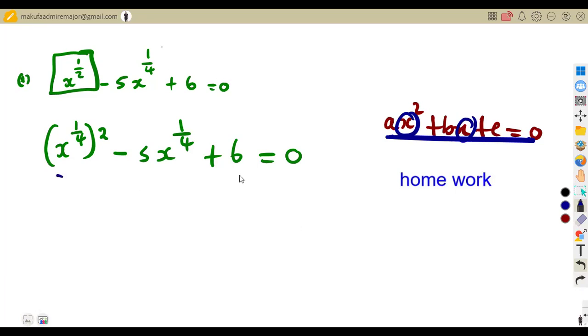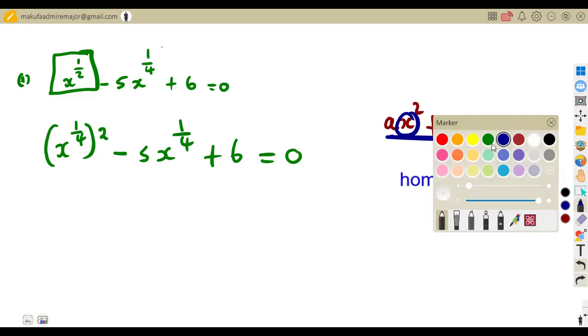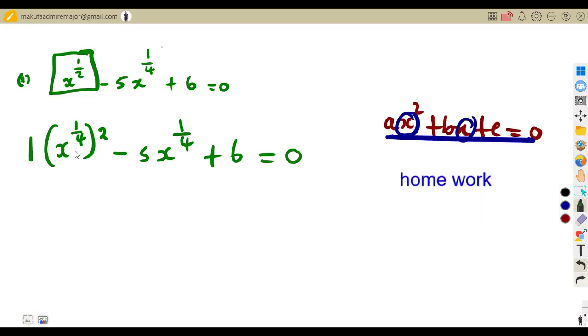So we can factorize this directly, as we can see from the format of a quadratic equation. Remember, I said if the coefficient of x squared is 1, like what we have, we can simply have two brackets. Here, this is x squared from x, so this is x to the exponent of 1/2 squared from x to the exponent of 1/4.